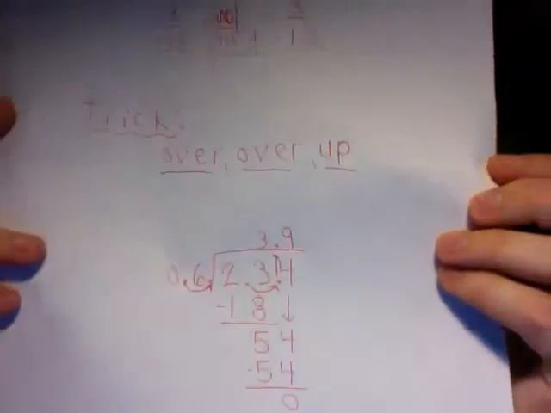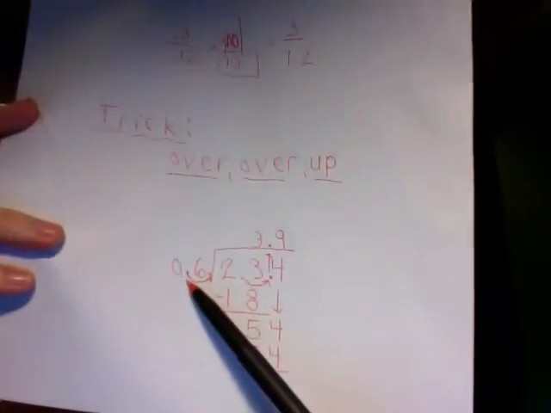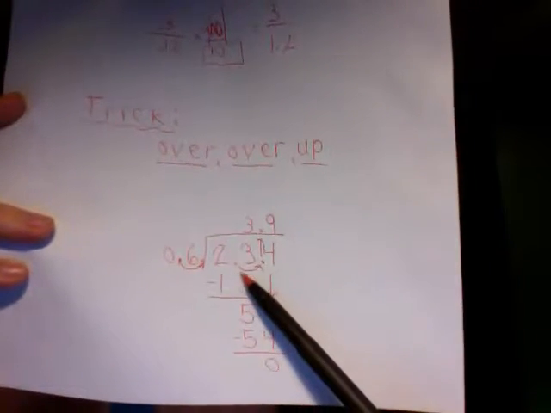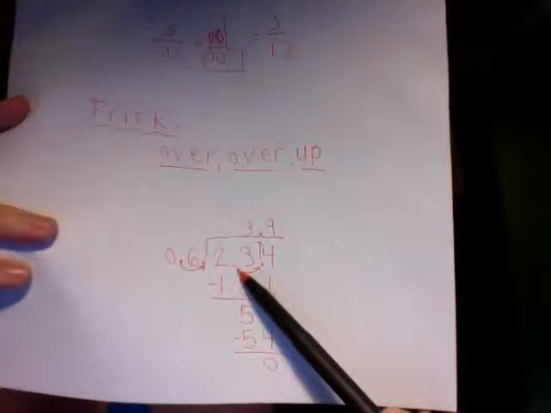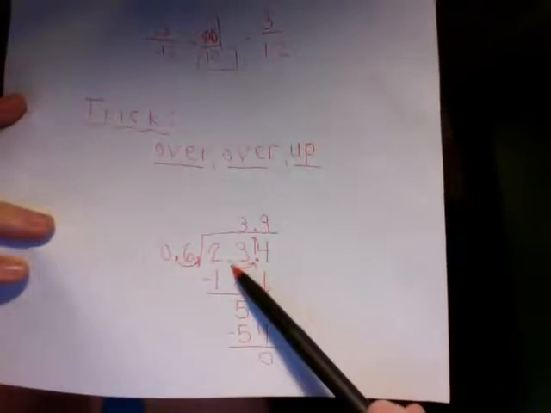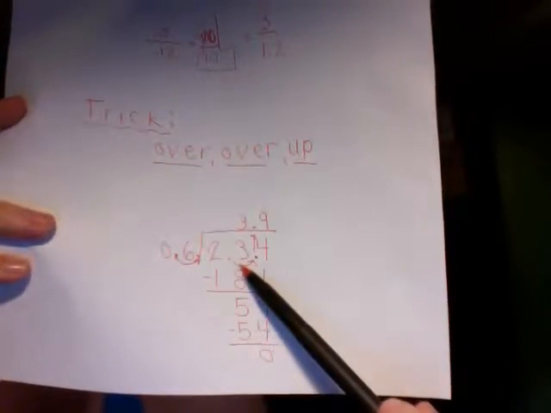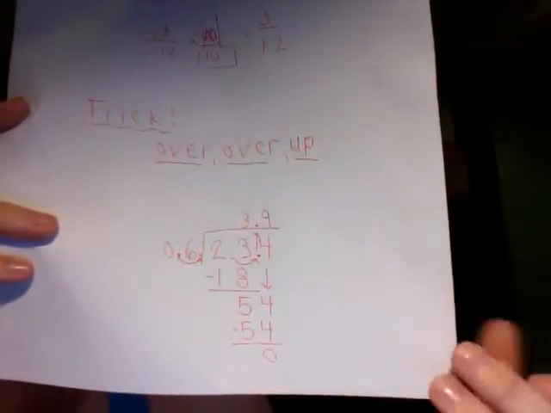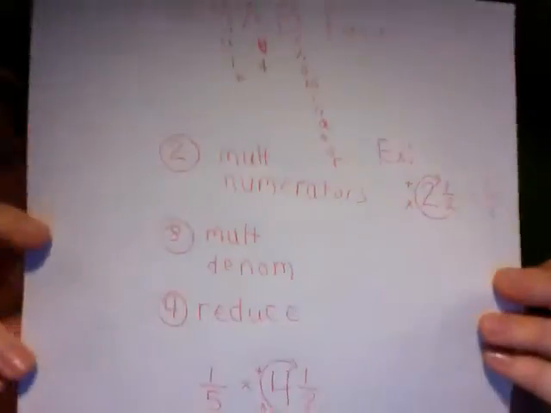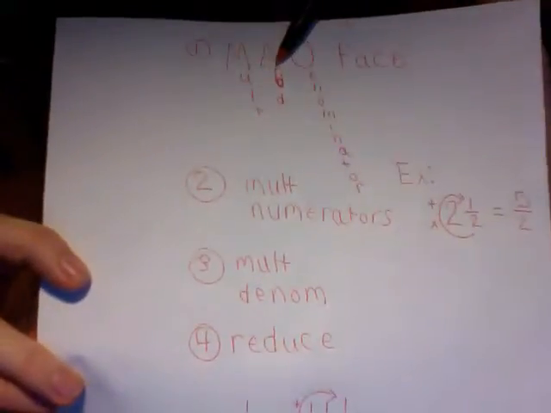So, one last time. Dividing decimals. The trick, over, up. You move the decimal in the divisor as far over as you can. Then you move the decimal in the dividend as many places as you moved it in the divisor. Then straight up. And then do regular division. For multiplication of mixed numbers, you first MAD face.